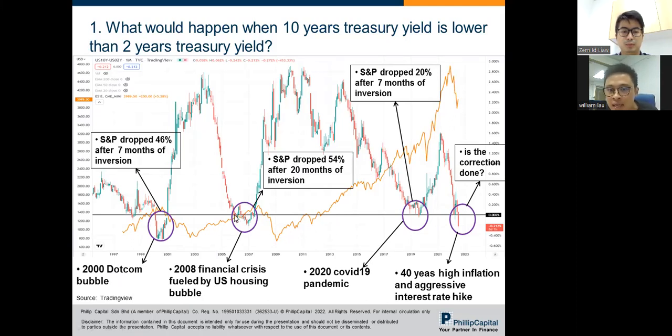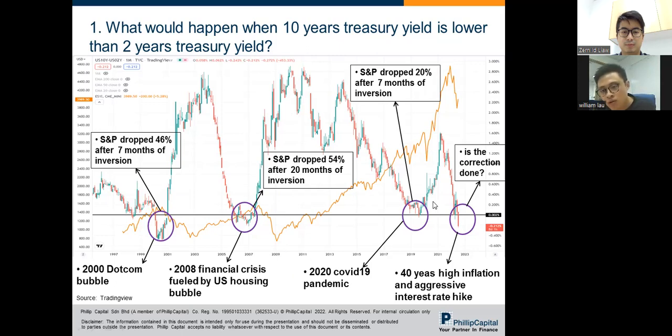It went below somewhere here, but the correction on the S&P index actually happened here. The orange line refers to the S&P 500 index. So as you can see, it's 20 months later that the whole thing collapsed.